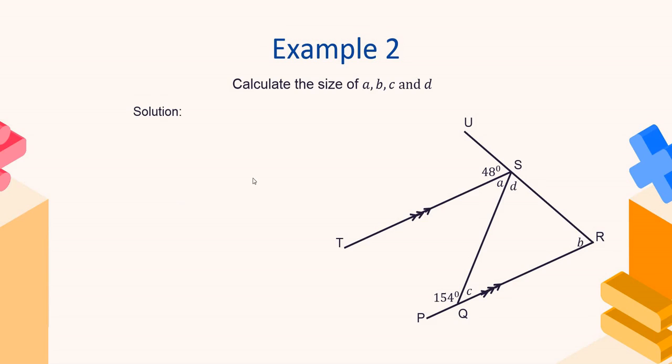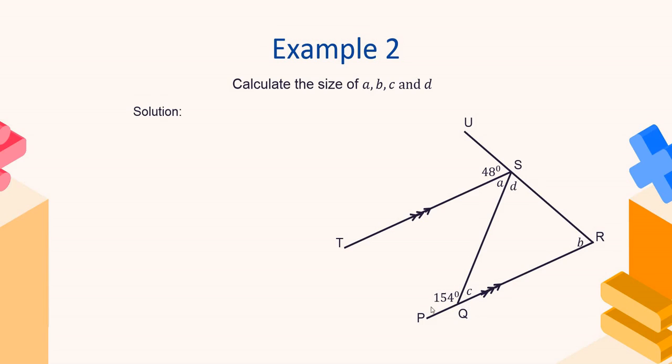So, if we look at this problem, there's quite a lot to solve for, right? 4 unknowns in this case. There are many ways to start, and when I see it, we have 2 lines that are parallel to each other, which are TS and PQ, and we are given angle C, which is on the same line as this angle 104 degrees.